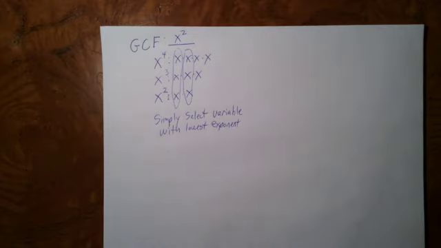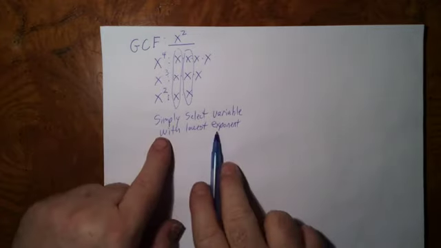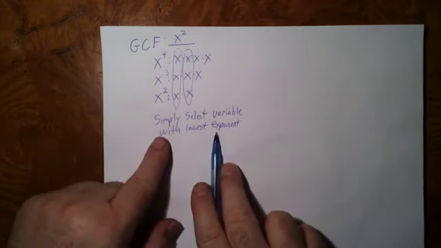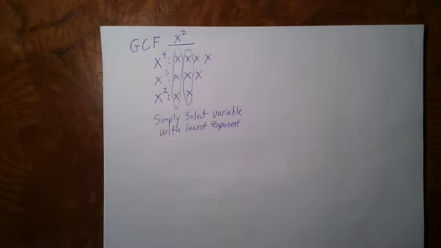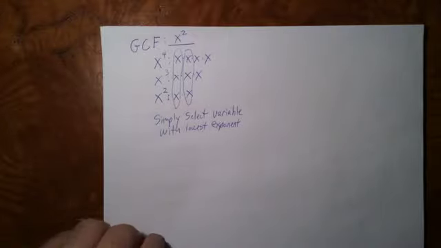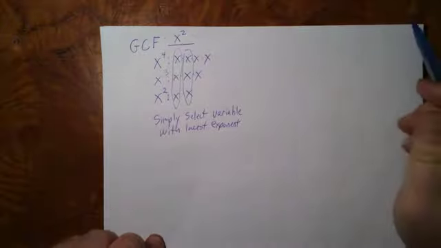And when doing that, that will serve as the greatest common factor for all of these. It may not be the biggest one, and it almost never will, but it will be the greatest one that's in common for all of these terms.